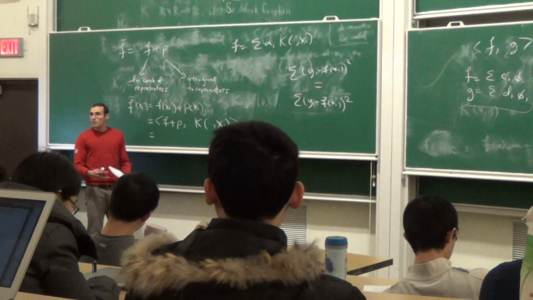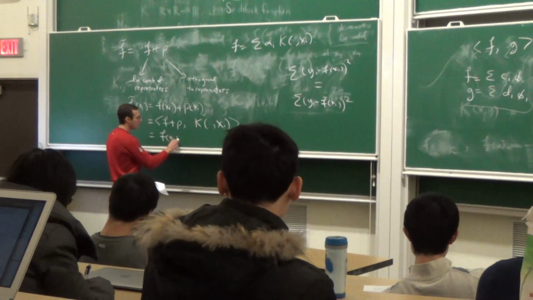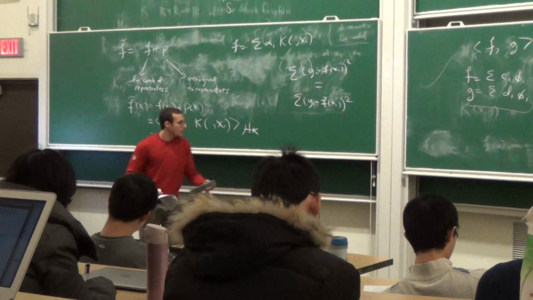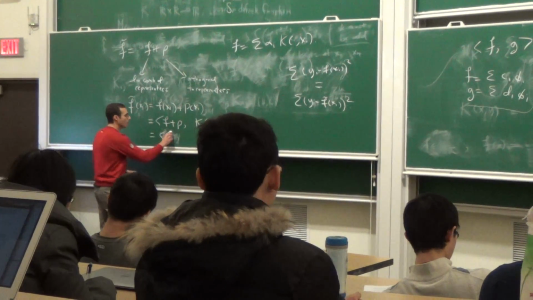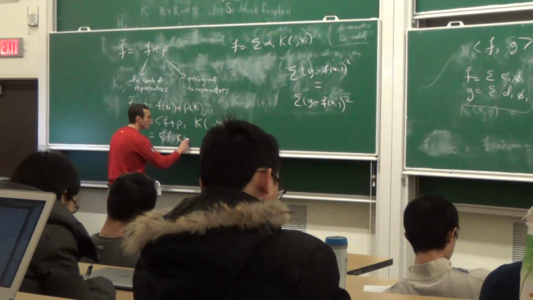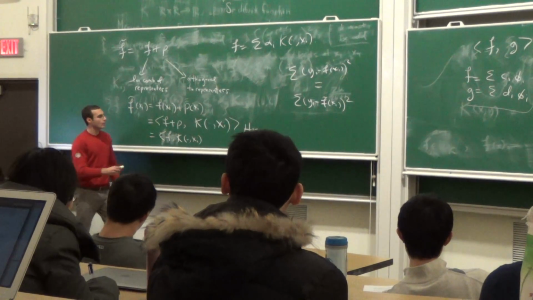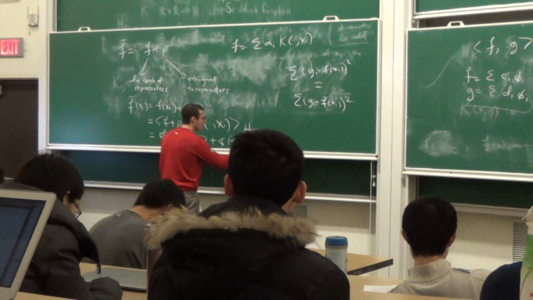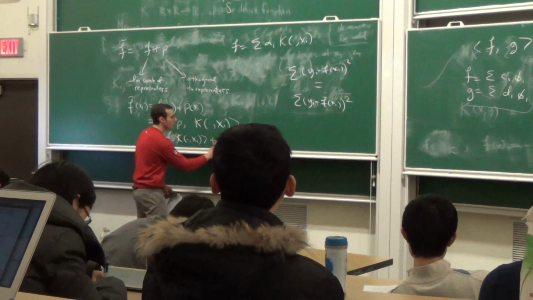Any inner product is linear, so I'll write it like this, so you don't think I'm skipping any steps: the inner product of f with the kernel at xi plus the inner product of rho with k of xi, but this part's just 0.